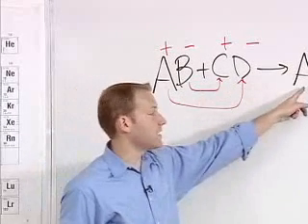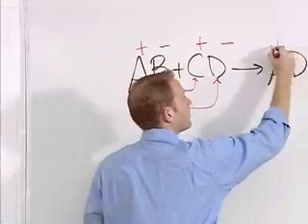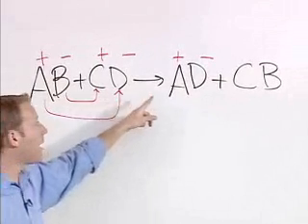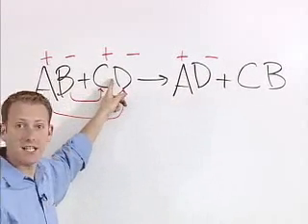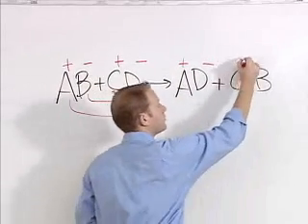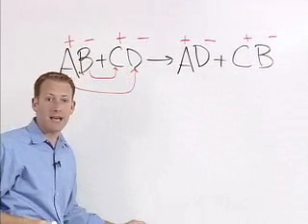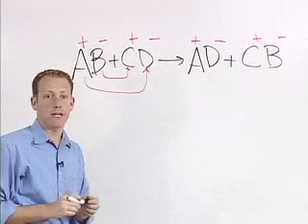So you have AD, which is positive, negative. But why do you have CB and not BC? Because remember, positives come first, and C was positive. So it's positive, negative. And that's double replacement. Let me give you one example of a double replacement reaction.